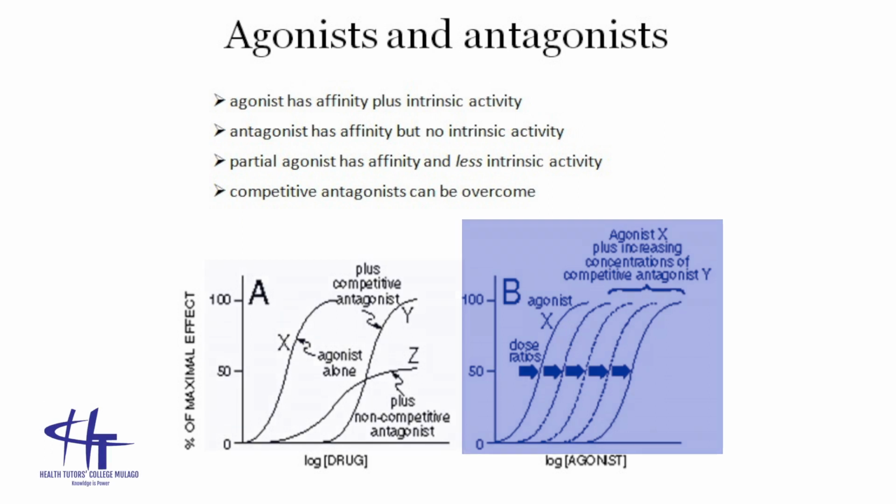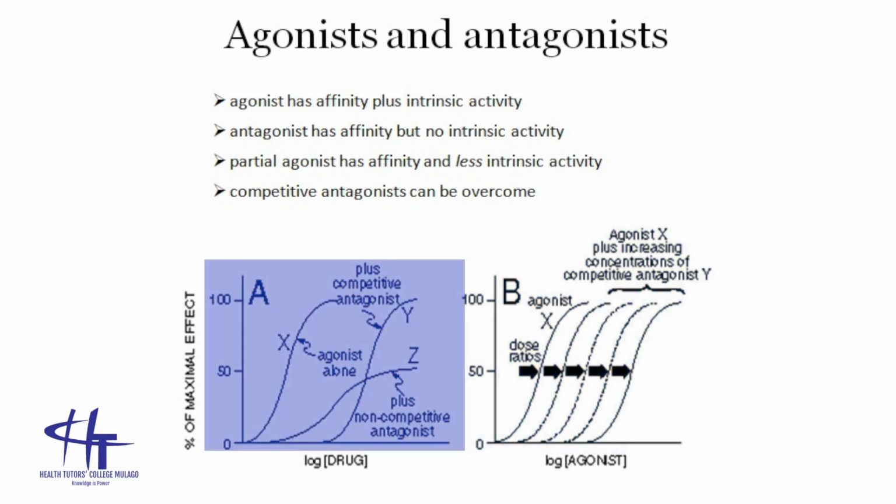But now I want to take you back to graph A. If you can see that curve there, in the presence of a non-competitive antagonist, you see how curve Z falls. Curve Z basically falls because the antagonist is covalently bound to the receptor site and does not allow access by the agonist.